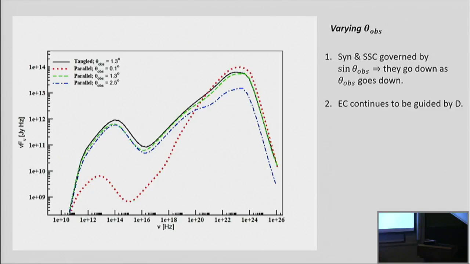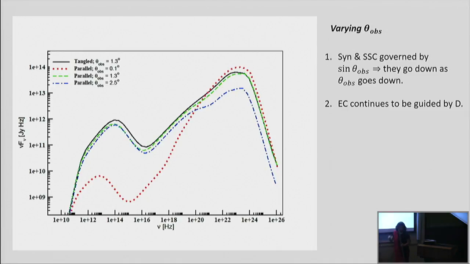One, the synchrotron component is guided or governed by the sine of the viewing angle, which means if the viewing angle becomes small, the synchrotron component goes down. On the other hand, the external Compton component continues to be guided by the Doppler beaming factor, which means if the viewing angle is small, you will still get a boost in the external Compton.